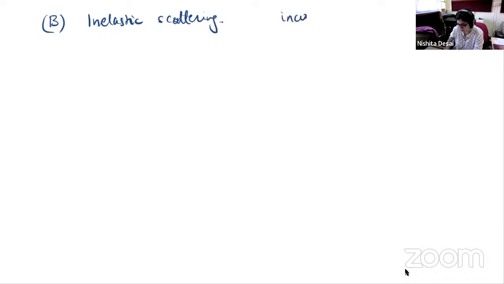That's the most fundamental, or rather easiest, way of thinking of scattering. The second one is what is called inelastic scattering, where essentially your incoming particles are not the same as outgoing particles.